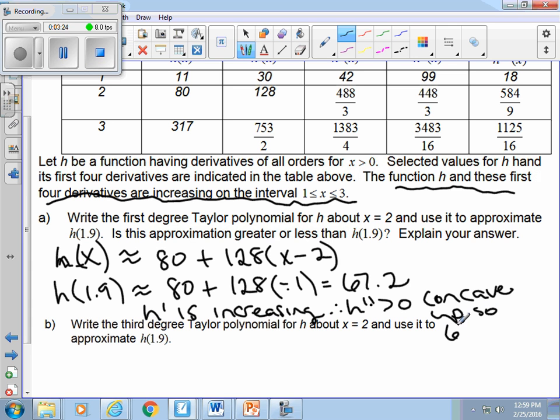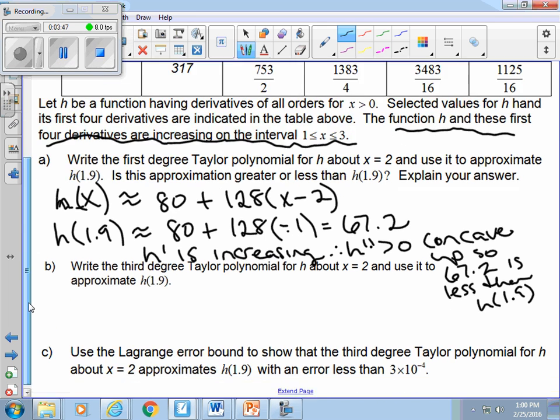So 67.2 is less than h of 1.9. I thought that was a weird question because you did want to use a Taylor error bound or something, and all you needed was a normal tangent line thought process.